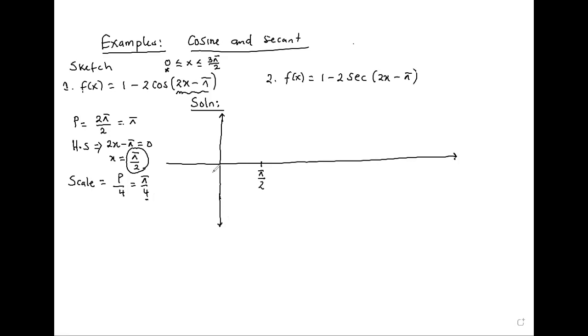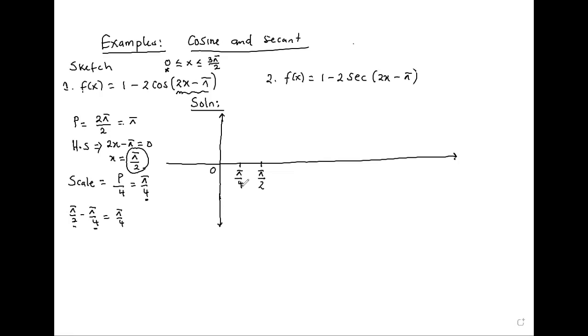So we'll subtract the scale to cover up to 0. We know 0 is here. To cover up to 0, we'll subtract: pi over 2 minus the scale, pi over 4. This is 90 minus 45, so we get 45. So we'll have pi over 4, and then minus 45, so we'll get 0.